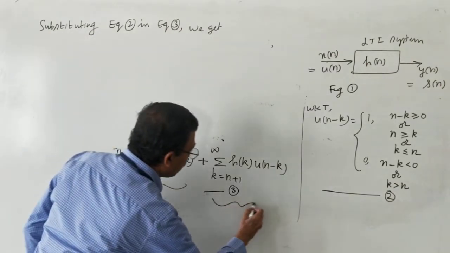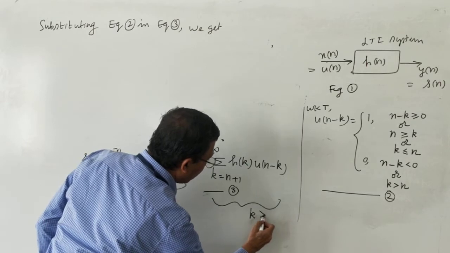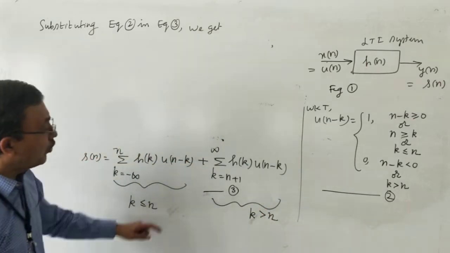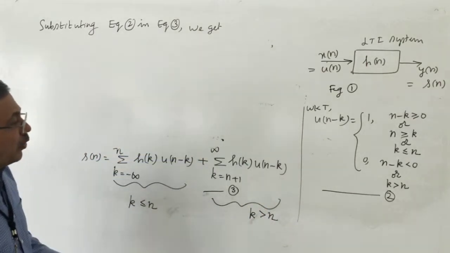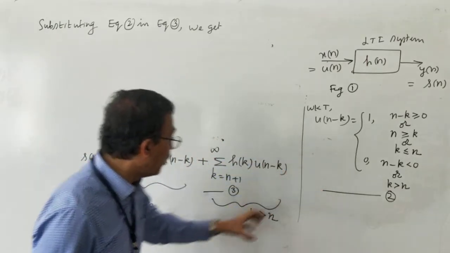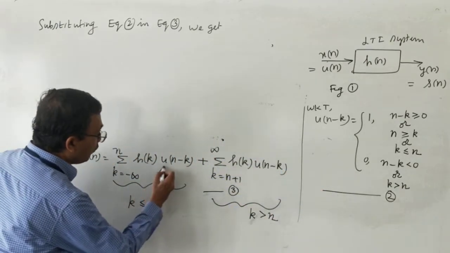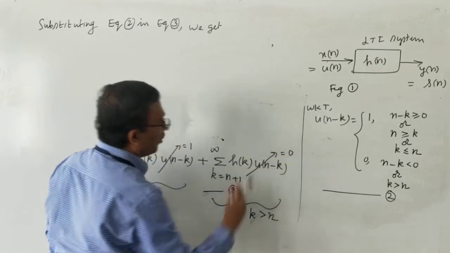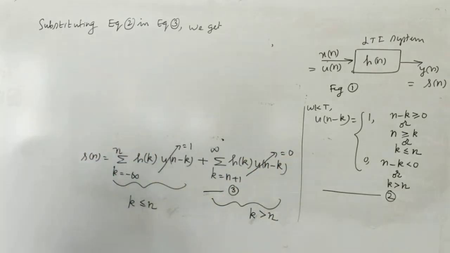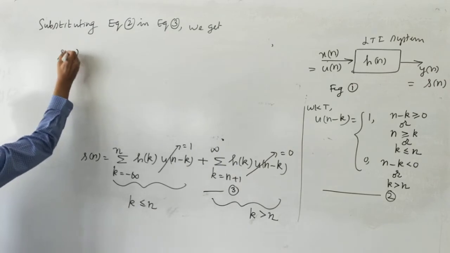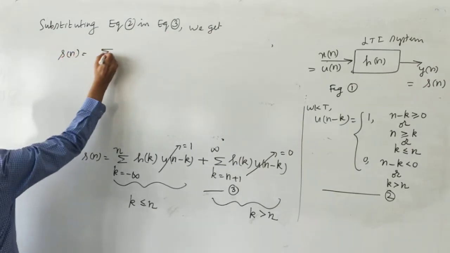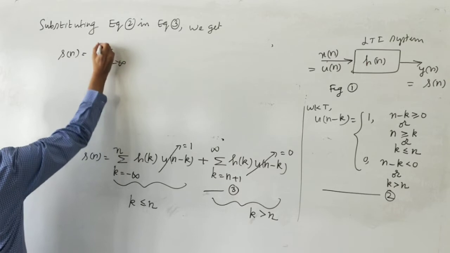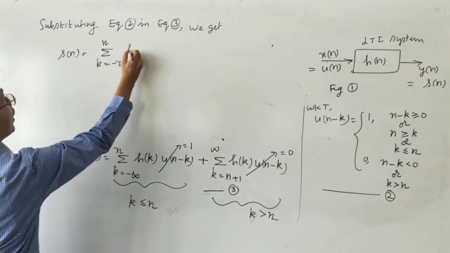This summation is for k greater than n, that means k taking values from n plus 1 to infinity. When you substitute equation 2 in equation 3, this u of n minus k will be 1, and this u of n minus k will be 0. So what we get is s of n equals summation k equals minus infinity to n of h of k.